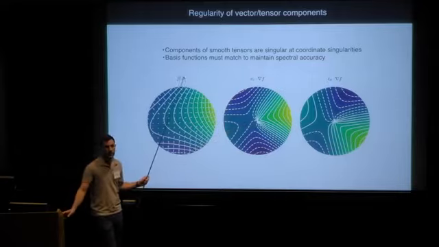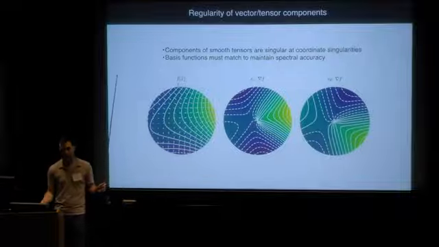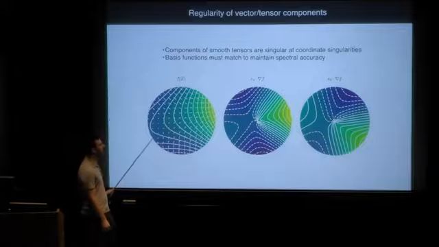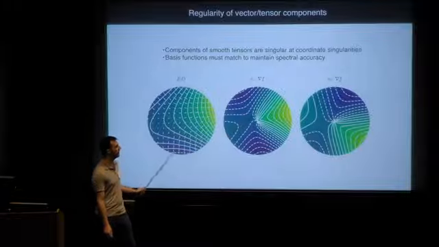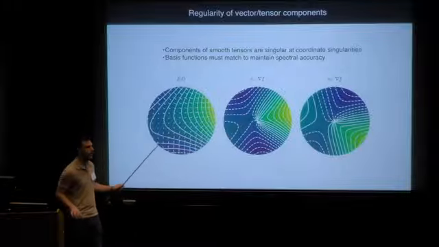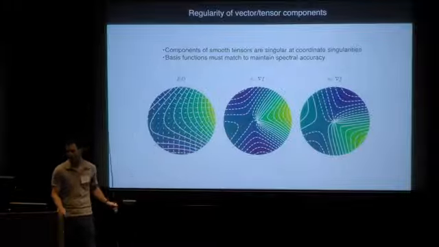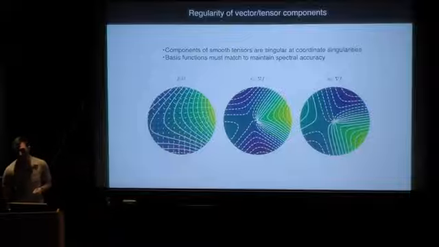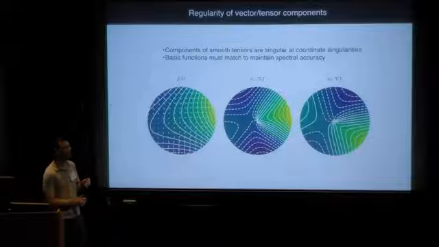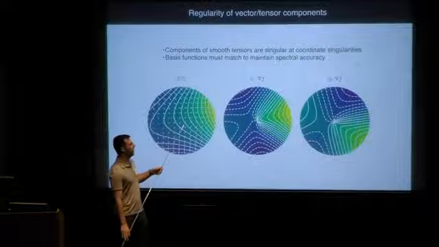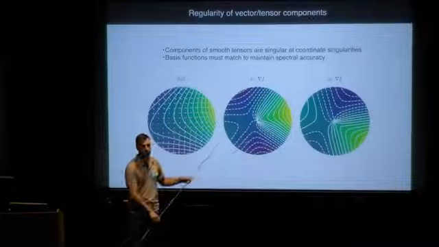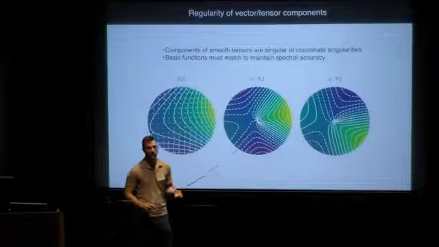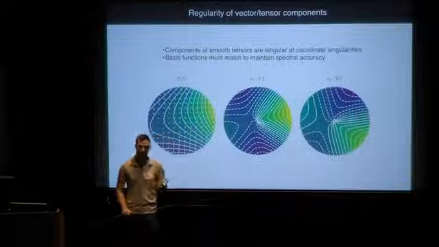If I did that, I would lose the spectral property of exponential convergence because the analytic behavior of the function I'm trying to model, either the vector component or a scalar, is very different in those two cases. So you need to be a little more careful. You basically need to use basis functions that are adapted to these coordinate singularities and then behave differently based on whether you're a tensor component or a scalar.